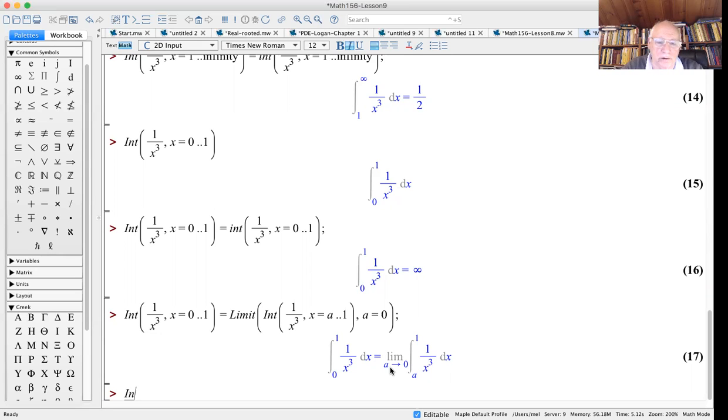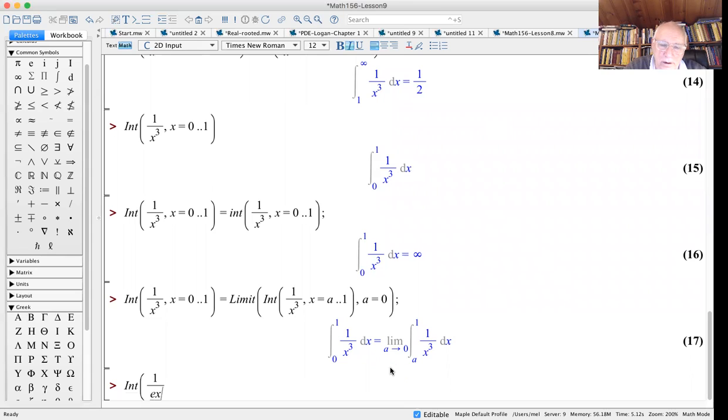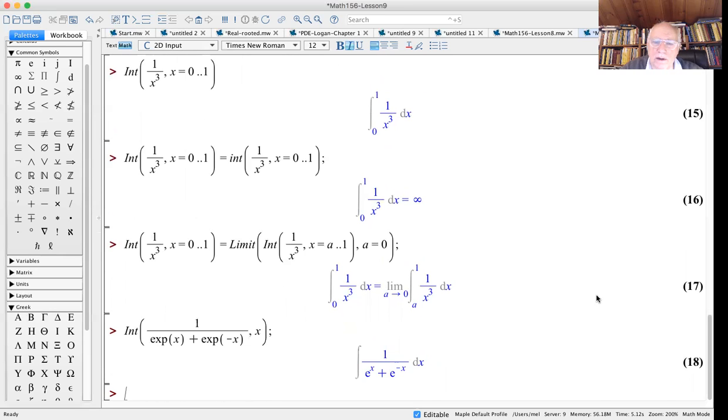I take the integral of the function 1 over e to the x plus e to the minus x. This is number 33.